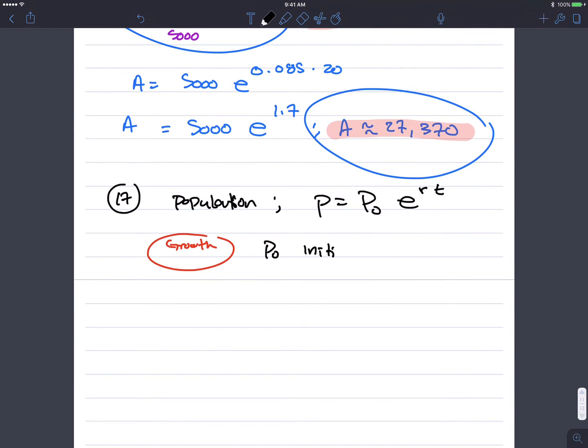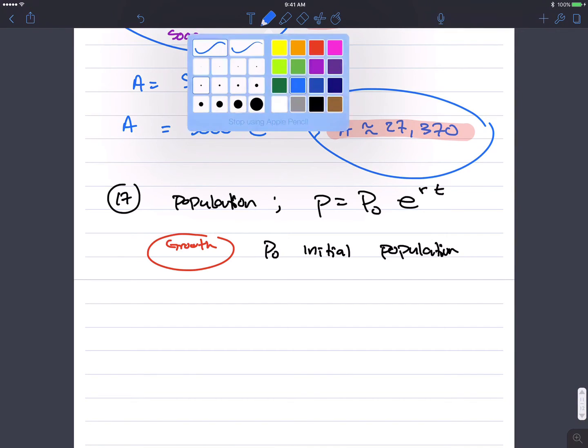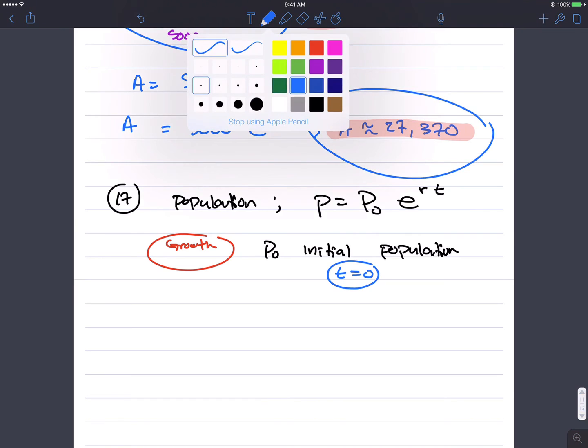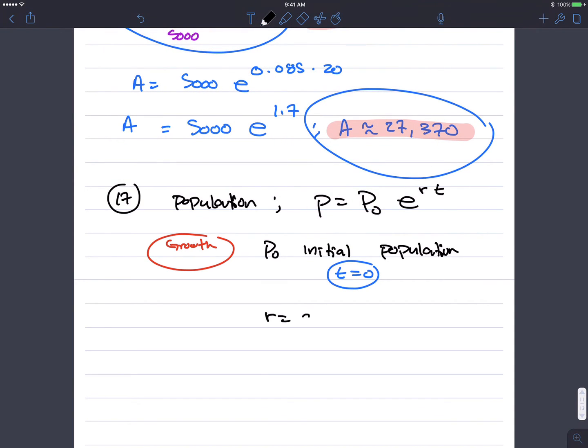That's the initial, or P sub 0. That's the initial population at time t is 0. R is the growth rate. And of course, what is T? T is time. And it's generally done in years, but it doesn't have to be. So this is when it's growth.